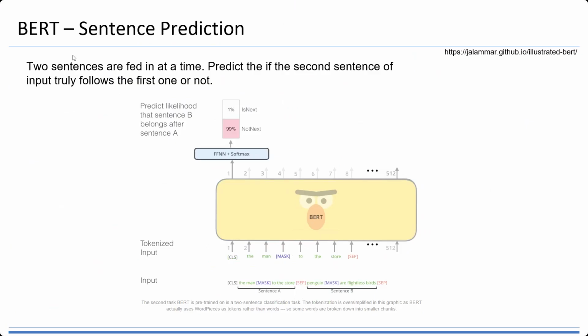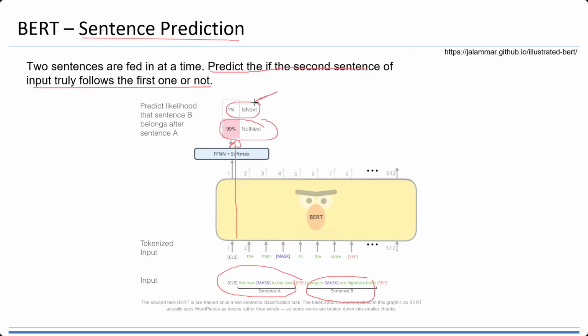And BERT can also be used for sentence prediction. Sentence prediction means if we have two sentences, we can predict whether the second sentence of the input truly follows the first one. So BERT will show you two classes: is next and not next.